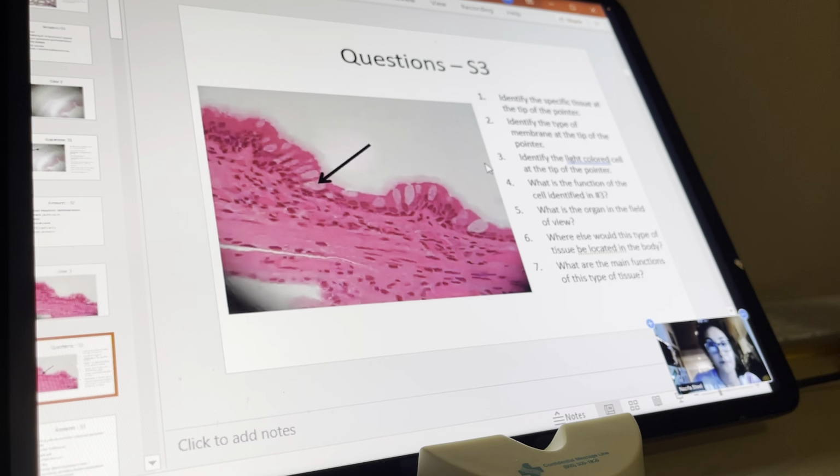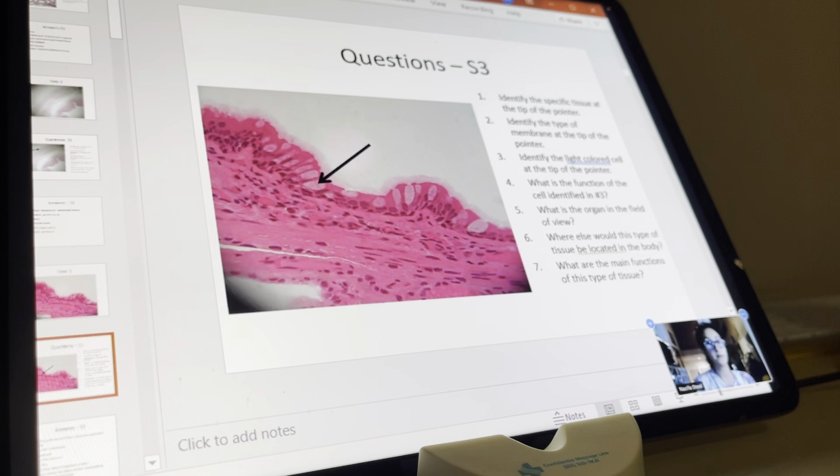Okay, so for Leanne, what is number 1, the specific tissue at the tip of the pointer? We'll just give her a minute.